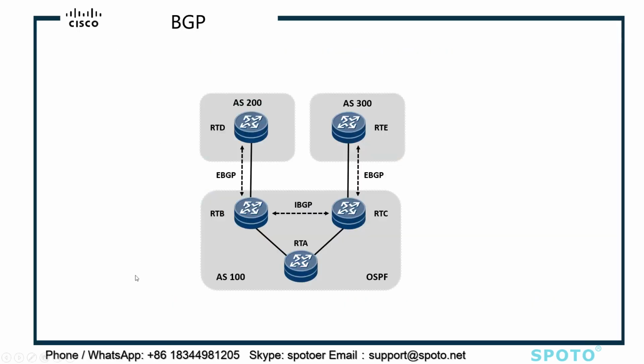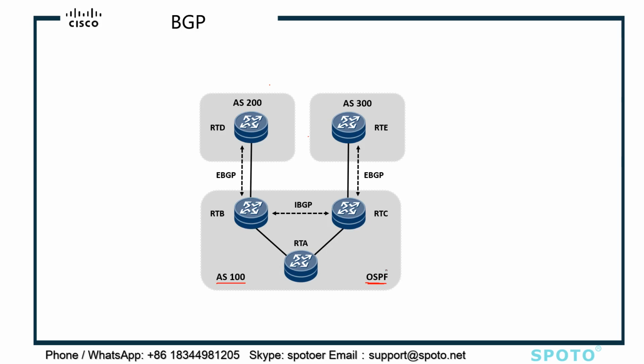First of all, we do a little review of our last class. The BGP protocol is used between different AS. In this situation, we can see we have three different AS, and this one is AS 100, and we have three different routers here. In this area, we need to run IGP first, so we need to configure the OSPF protocol first. The IGP protocol is used to discover and calculate the route.